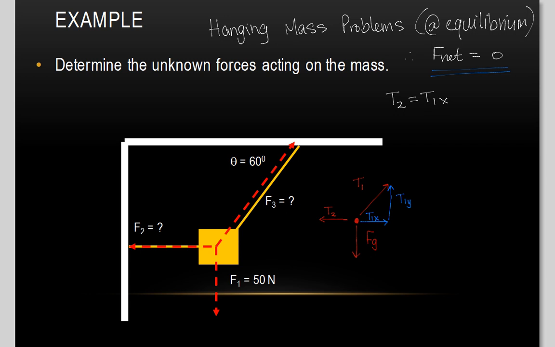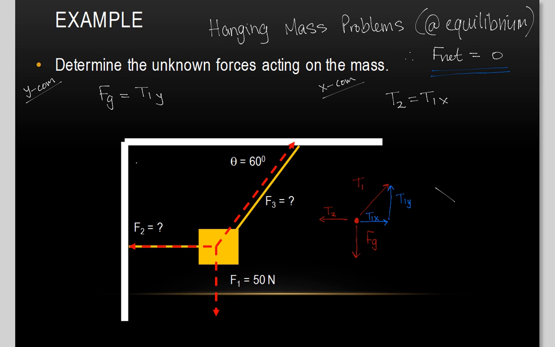And what's the other one in the y? Fg equals T1y. So we have to use what's given to us. And I'll just write a little note here. y component, x component, if it's not already obvious, just trying to stay organized.